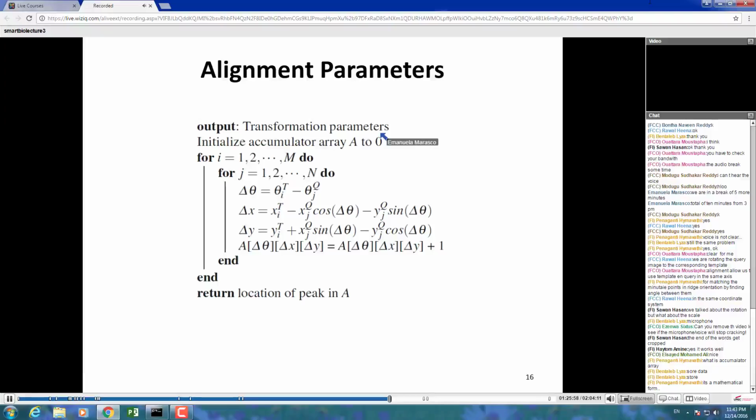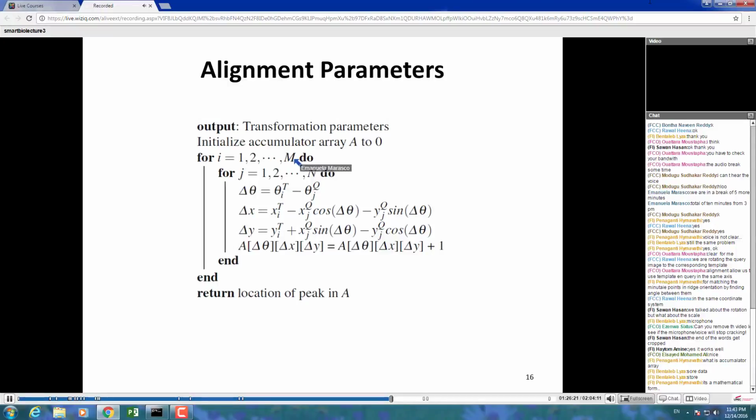And then for each minutia in the input, we compute the difference in theta, in orientation, with the query one, the corresponding input query. So n and m, j and i are doing it.